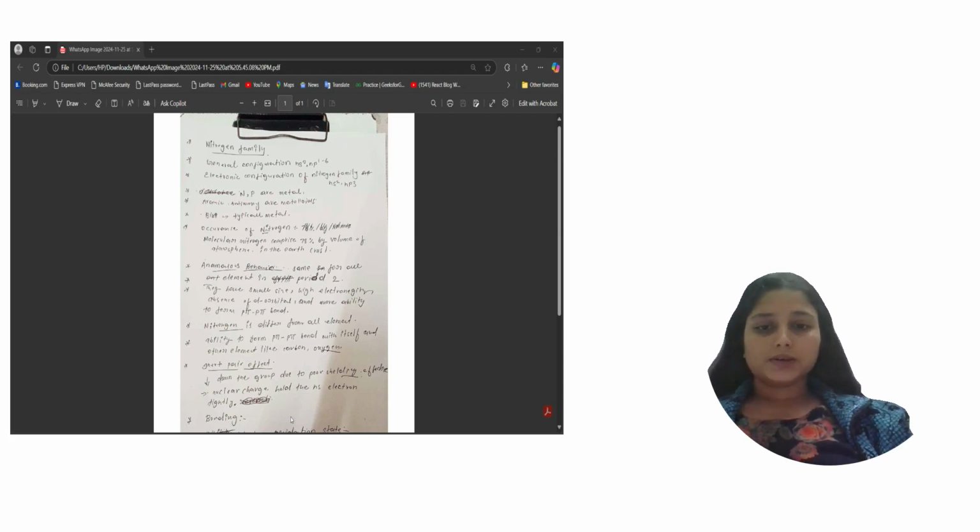Now we will talk about stability. Here the stability of the lower oxidation state decreases down the group. What will be the common oxidation states of these elements? They are -3, +3, and +5.